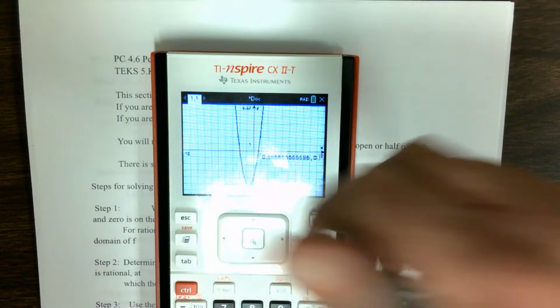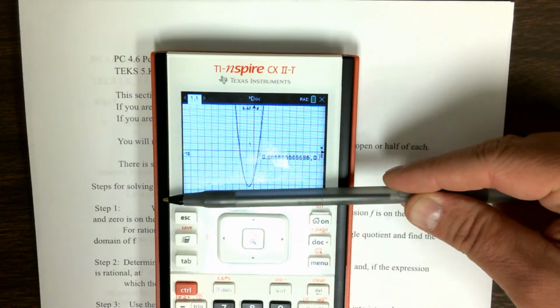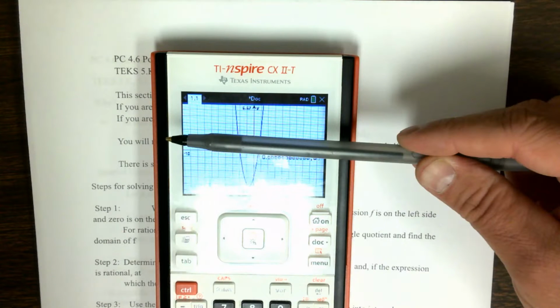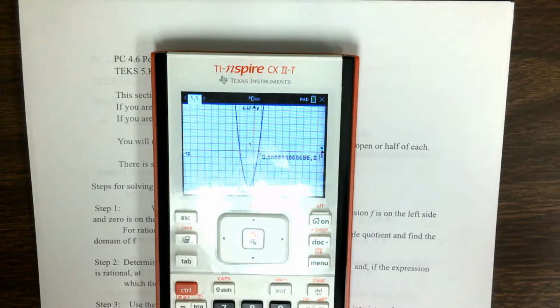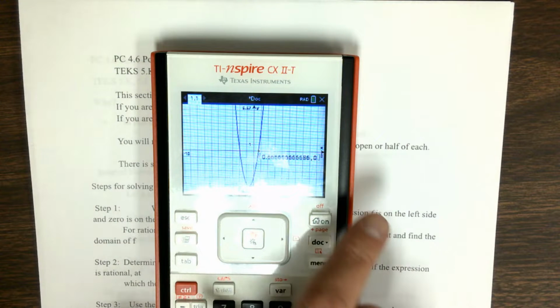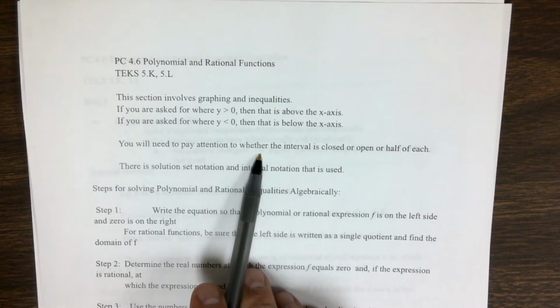And so we could say it's below here, which means less than 0, and it's above here. And you're going to see problems like that where it actually breaks it up. So you will need to pay attention to whether it's closed or open or half of each.